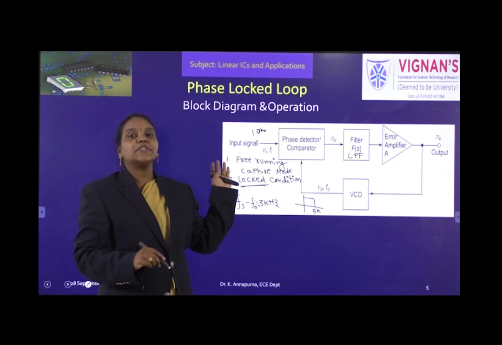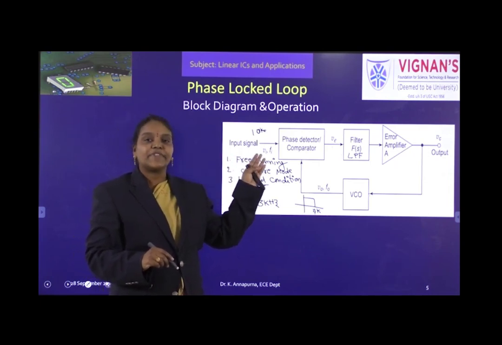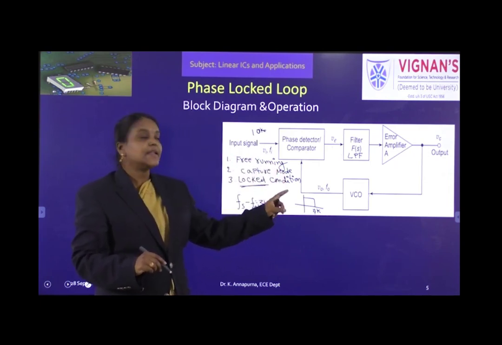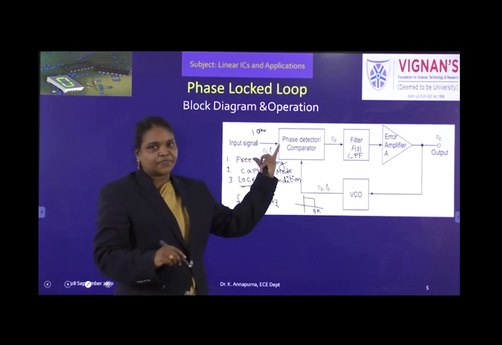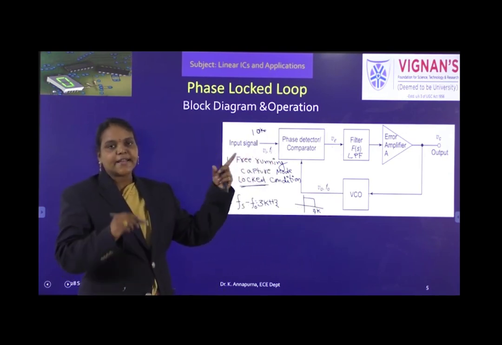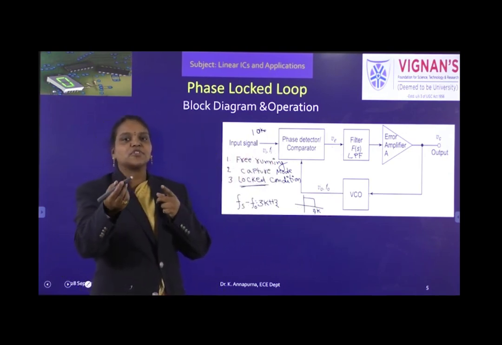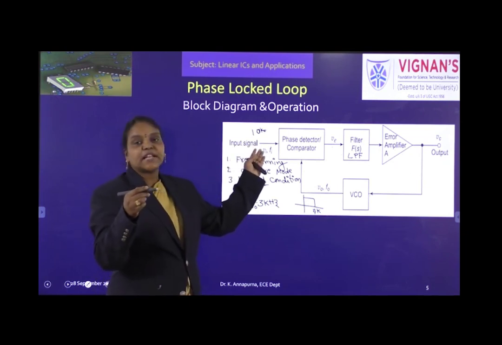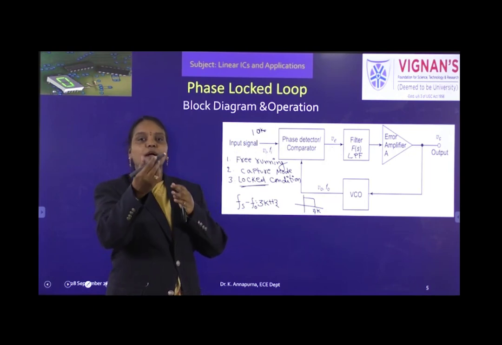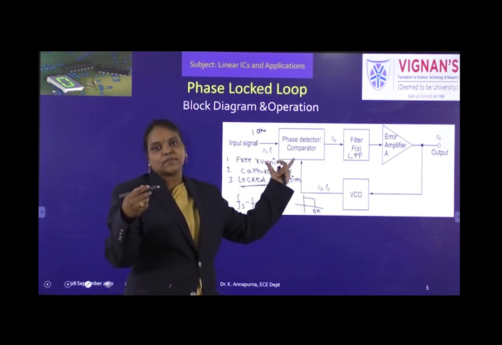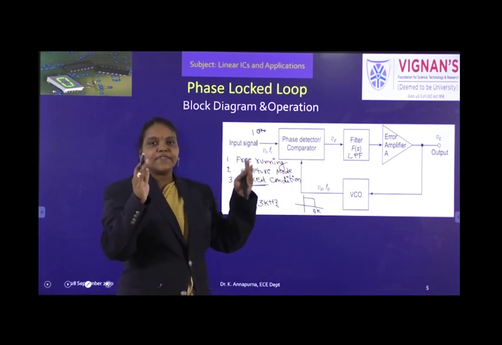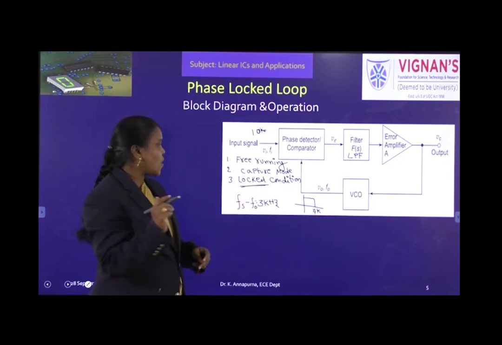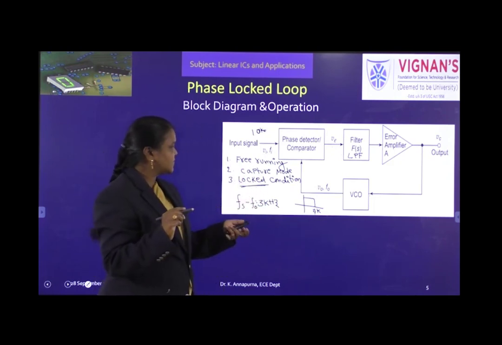Suppose the incoming signal frequency is changed to 11 kilohertz, then automatically this VCO will track to that frequency. That is, it directly changes its frequency of oscillation to 11 kilohertz. Suppose the incoming signal frequency is changed to 12 kilohertz, it will change to 12. Okay, but there will be some limit, that is called the lock-in range.